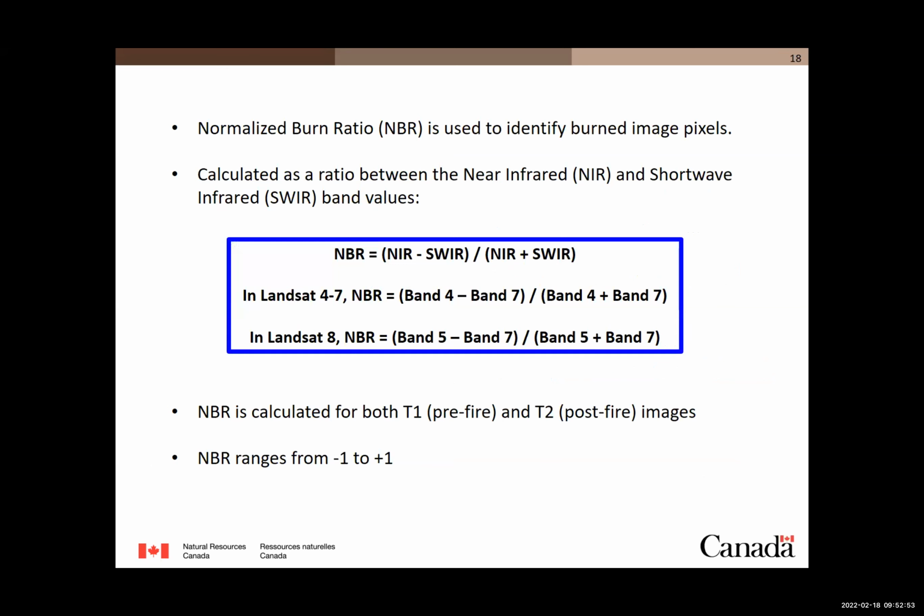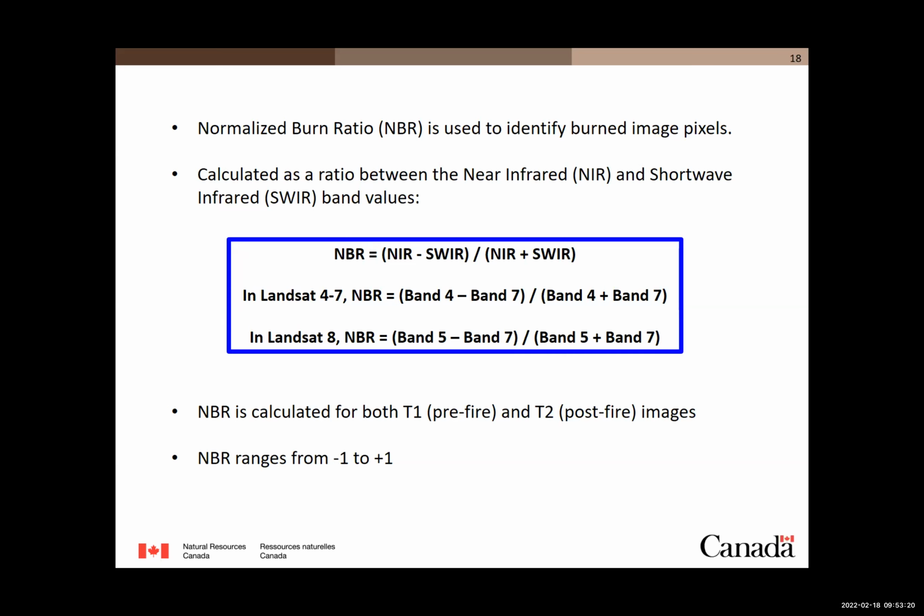Now, for image mapping, it's most common to use what is called the normalized burn ratio. This is simply a ratio of the near infrared and the shortwave infrared. Depending on which Landsat satellite you're using, the near infrared would be band 4 if you're using Landsat 5 and 7, and band 5 if it was Landsat 8.